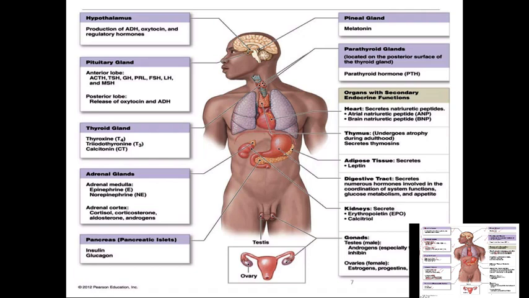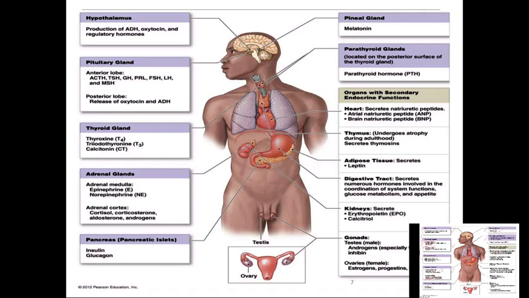So the atrial natriuretic peptide and brain natriuretic peptide, think of it as the opposer or antagonist to aldosterone. Aldosterone is retaining sodium, whereas the ANP is trying to get rid of sodium. If you're holding on to sodium, you're holding on to water, blood pressure goes up. When you inhibit aldosterone, and you activate atrial natriuretic peptide, you're losing it, so blood pressure can go down.